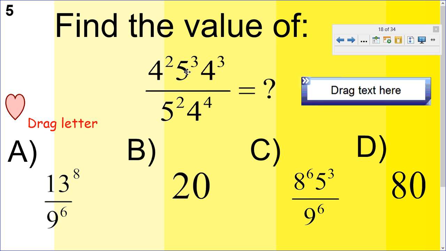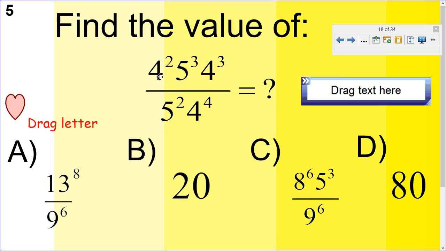Find the value of 4 to the second times 5 to the third times 4 to the third divided by 5 to the second times 4 to the fourth. Wow. And they give us a lot of interesting choices. So you pick one, see what it is. Now I'll give you a little hint.